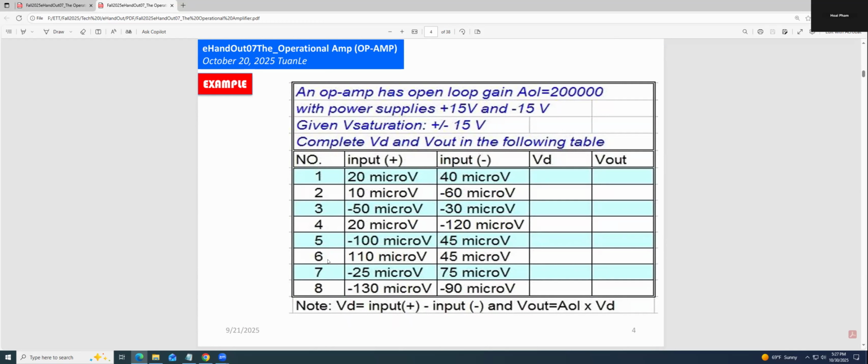Complete the VD and Vout in the following table. Number 1, you get 20 microvolts at the positive input, 40 microvolts at the negative input. What does VD equal? 20 microvolts. Okay, just a minute.